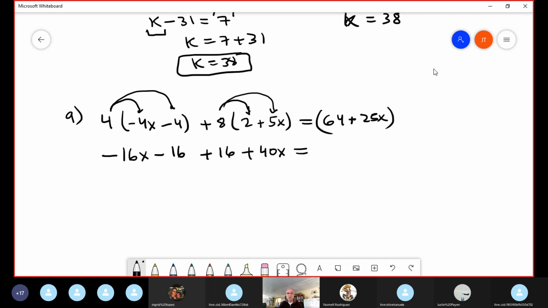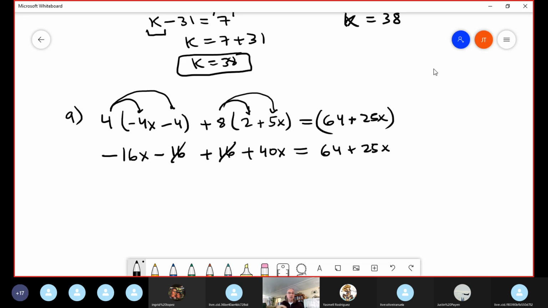So I just copy 64 plus 25x. I don't know why they put the parentheses, but we have no number here. It's an invisible 1, nothing. Okay, so wow, look at that, this is cancelled. 16 positive and 16 negative is 0.